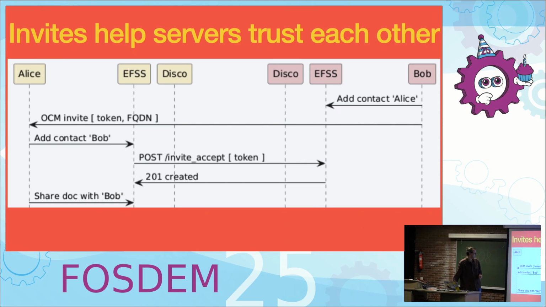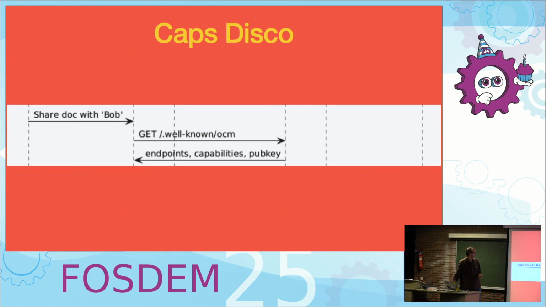This is the part I already showed. After that, there is a capability discovery. There might be different capabilities for different servers. So we added, it used to be called /OCM-provider, and we renamed it to /.well-known/OCM. There's still the fallback to the old path, but this is just a little bit neater.